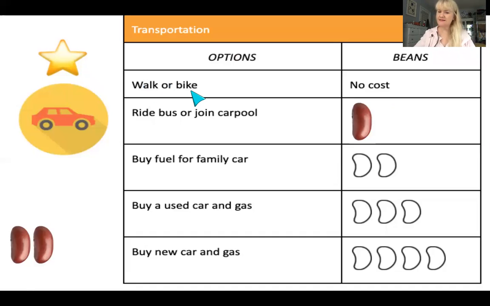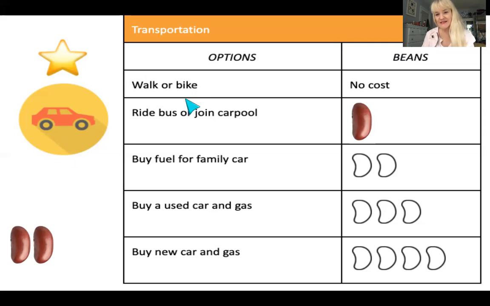Ask yourself this. Could you walk or bike to Rock Terrace from your house? I could not. I live too far from Rock Terrace. I think it would take me, oh goodness, I don't know, like 4 hours maybe to walk to Rock Terrace? I couldn't do that. I'd have to get up at like 2 in the morning in order to have time to walk to work. I don't think that would work very well for me.